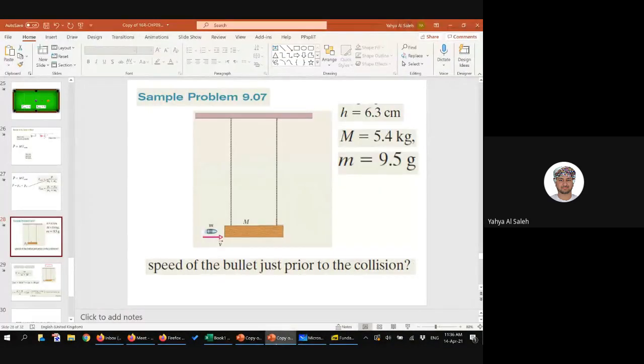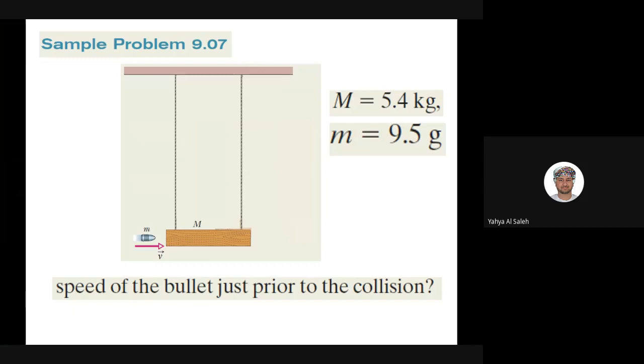Now, what happens when the bullet hits the wood? The wood would move, right? The bullet would go inside the wood, and they would both move, and it would go up.